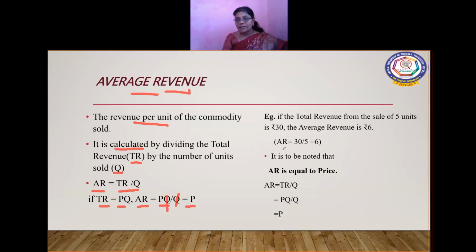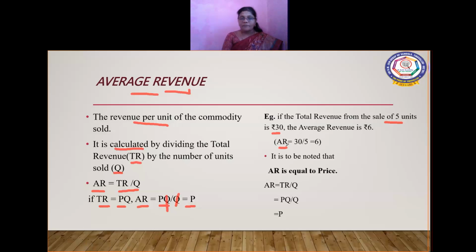Here one example is given. If the total revenue from the sale of 5 units is rupees 30, what is the average revenue? In our previous class also I told you, if anybody asks you the average mark, if you have written 500 marks, you will divide 500 by the number of subjects, 5, and you will get the percentage, isn't it?